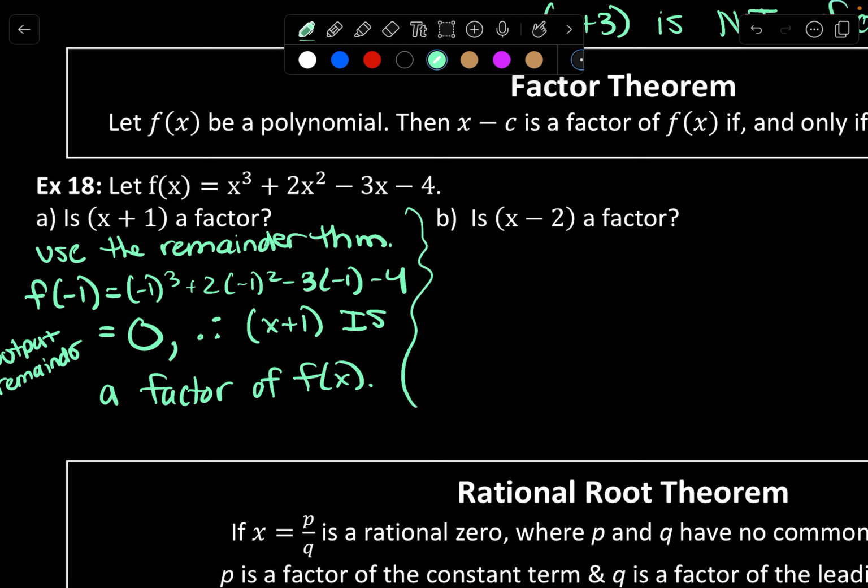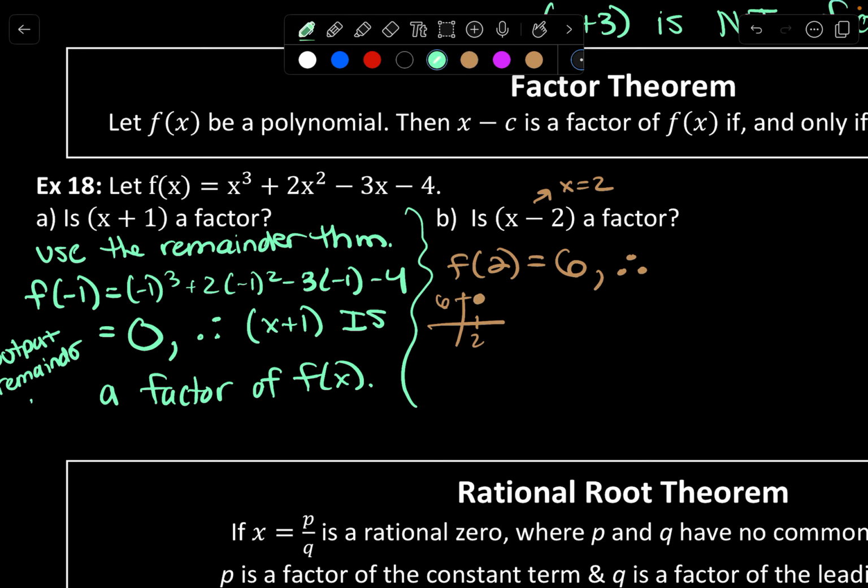Now it's asking, is x minus 2 a factor? Well, the solution for this one is x equals 2. So we'll do f of 2. When I plug in 2, I'm going to end up with 6. So because I have a remainder of 6, that means the output is 6. So at 2, the output is 6. That means we're not crossing the x-axis there.